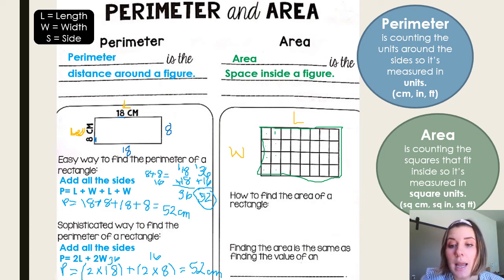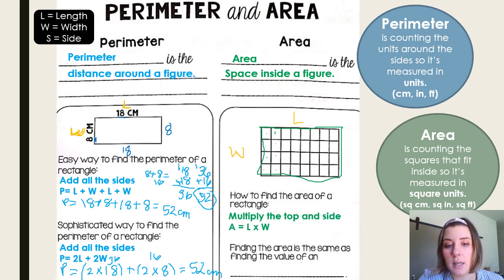Giant arrays are the same as area models. An array is when we multiply the top and the side to see how many boxes or how much whatever is in the middle. So to find area, we multiply the top and the side, or the length times the width. Area equals length times width.